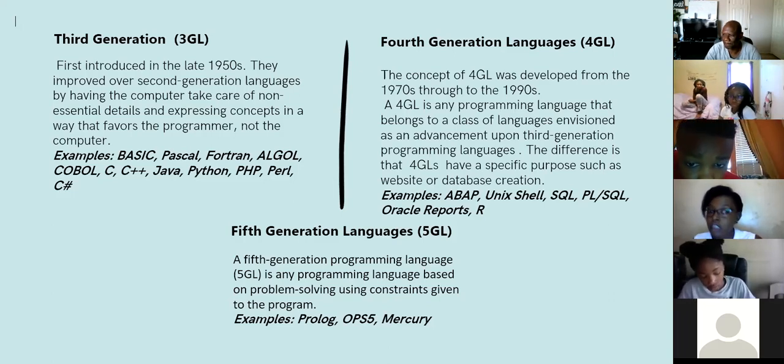Fourth generation languages are third generation languages that had advancements. They behaved like third generation languages, because those had a particular structure, but were more advanced and resembled fourth generation languages.